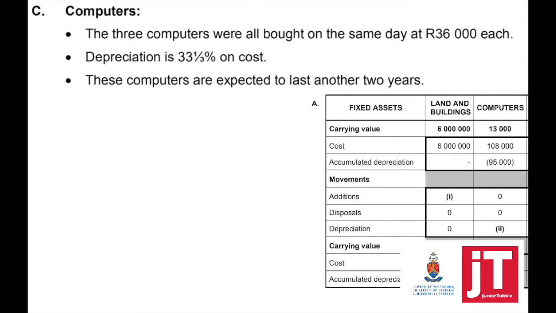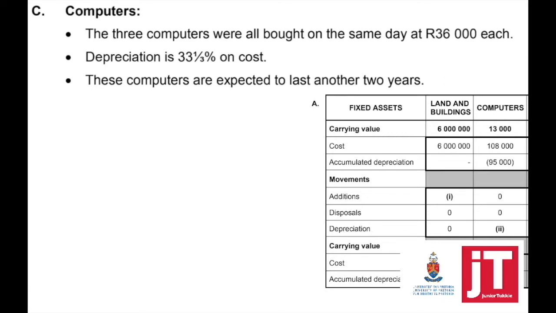Computers. The 3 computers were all bought on the same day at $36,000 each. Depreciation is calculated at 33 1/3% on cost. These computers are expected to last another 2 years. Please take note of the following.